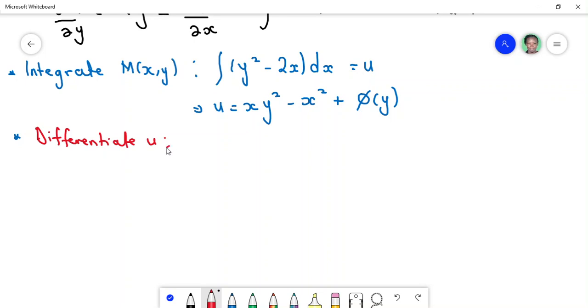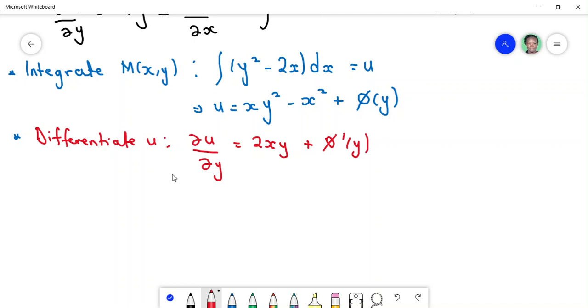If I differentiate u, I have the partial derivative of u with respect to y, which is going to give me 2xy, because this is a constant, this will go to 0. Then plus the derivative of the function phi.